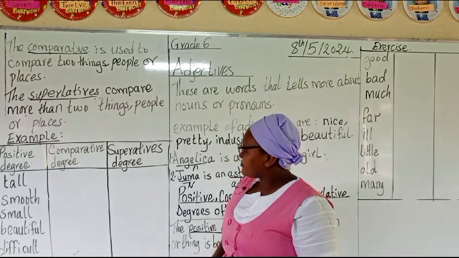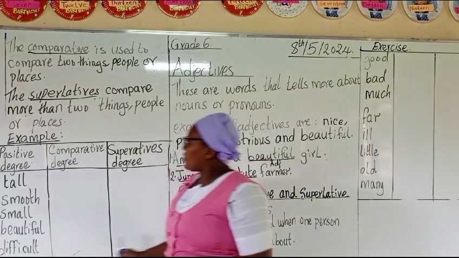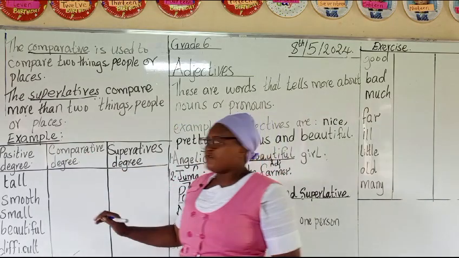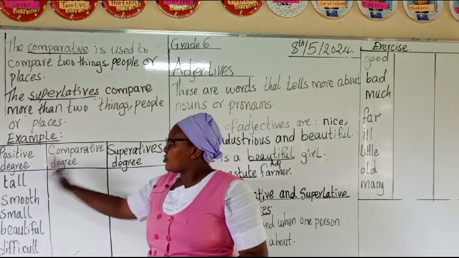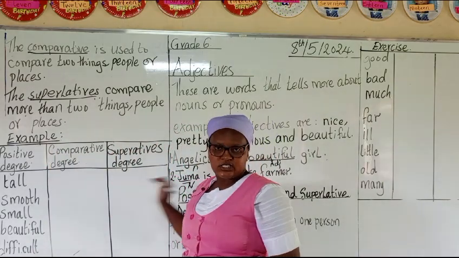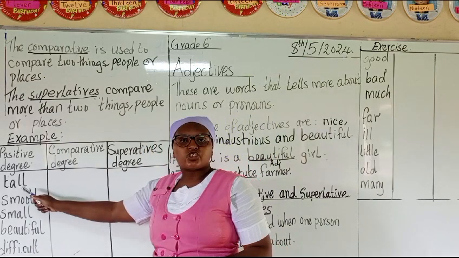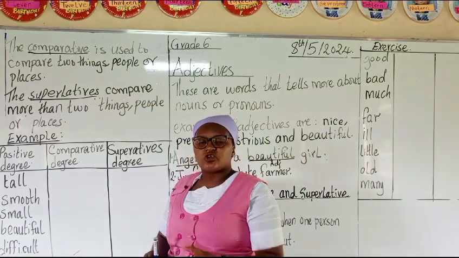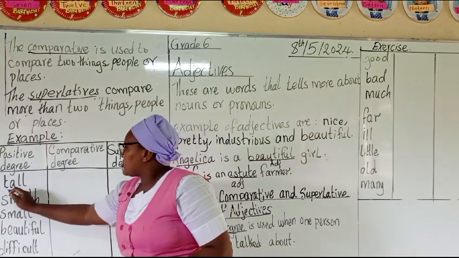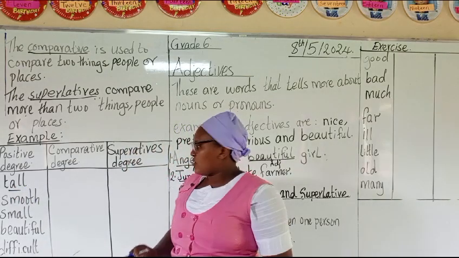For example, I have a table with me here, and I've divided it into three: positive, comparative, and superlative. When I talk of one boy, I'll say John is tall. This is the positive. I'm talking of one person.